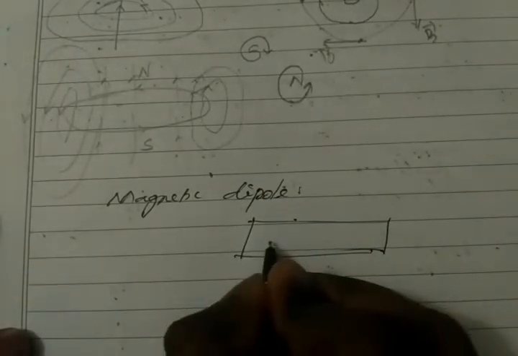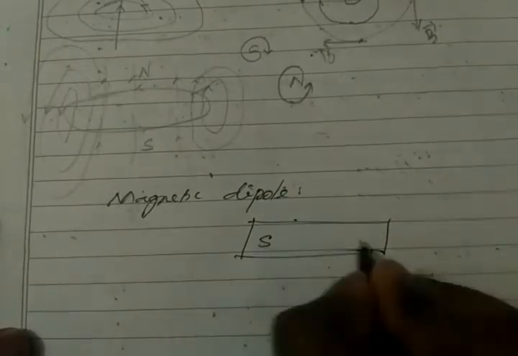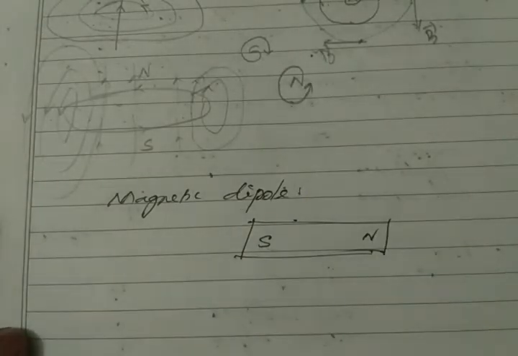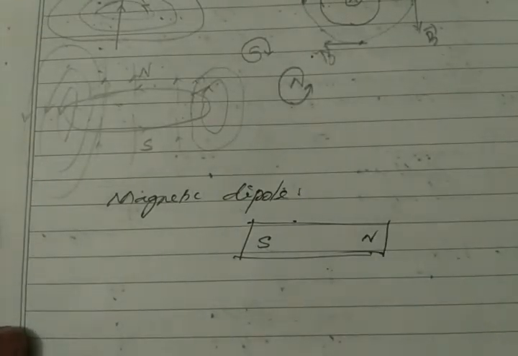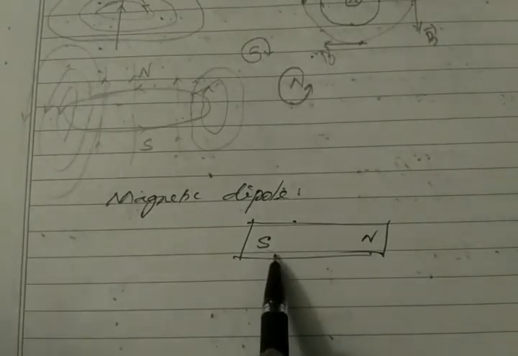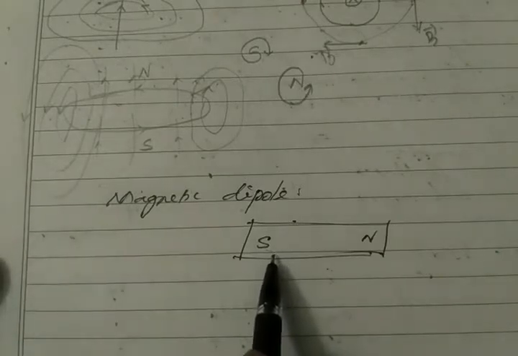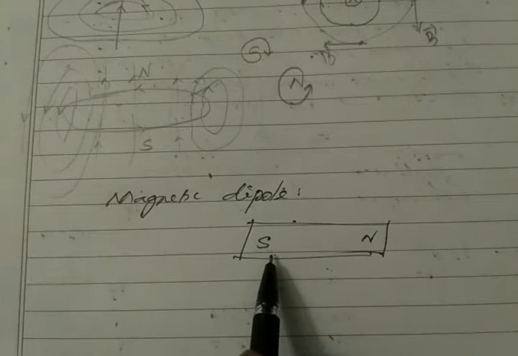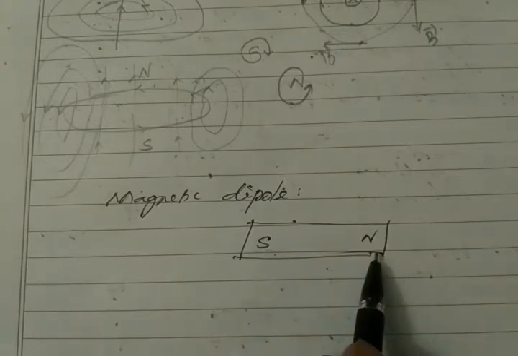It starts with south, ends with north. Why? We know an electric dipole starts with the negative charge and ends with the positive charge. So here the north pole behaves as a positive charge and the south pole behaves as a negative charge. So the magnetic dipole also starts with south pole and ends with north pole.